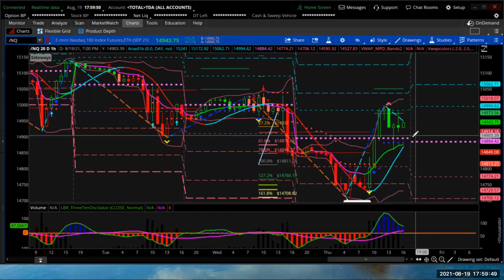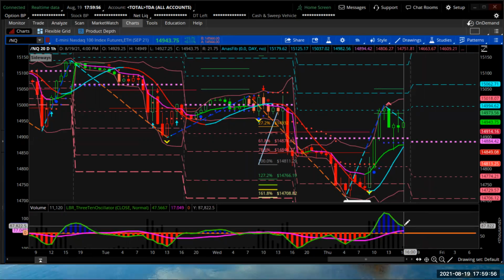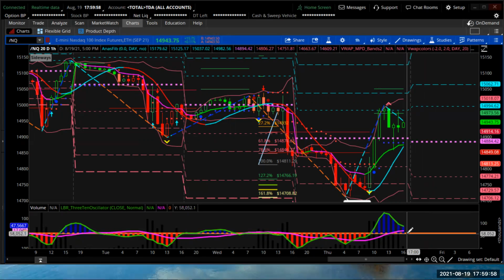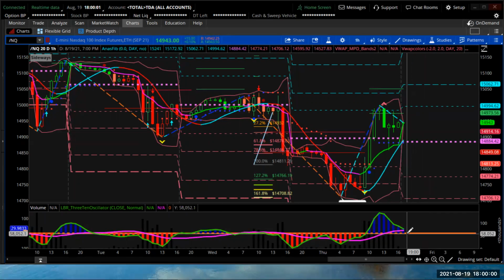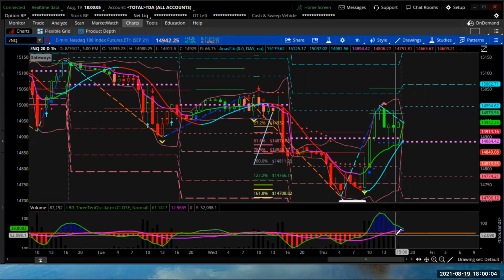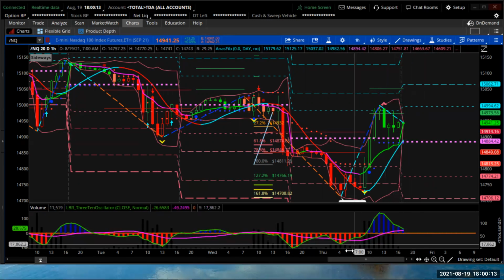If we go right on the pivots or at the VWAP, then I would go long, because that looks like long to me. And until they get violated, it's not short. Okay, that's that. If this purple goes below it, then it's short.